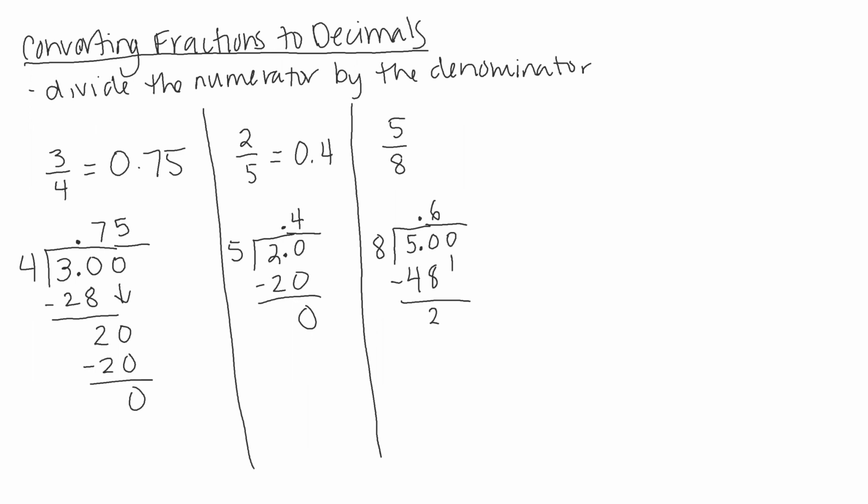It's not a 0 remainder, so I add another 0, drop it down. 8 will go into 20 twice. 2 times 8 is 16. I subtract, I get a 4. Still not the 0 remainder I want, so I'm going to add one more 0, drop it down. 8 goes into 40 5 times. 5 times 8 is 40. There's your 0 remainder. So 5/8 is the same as 0.625.